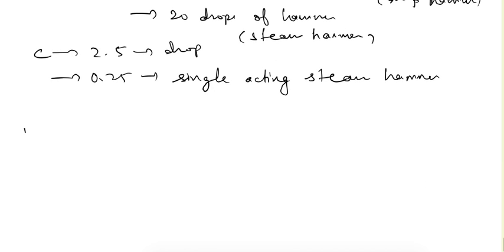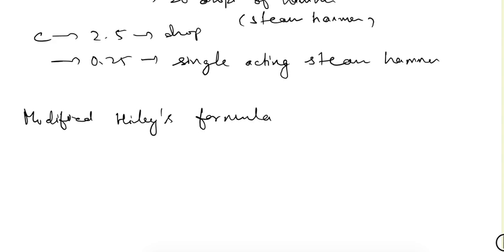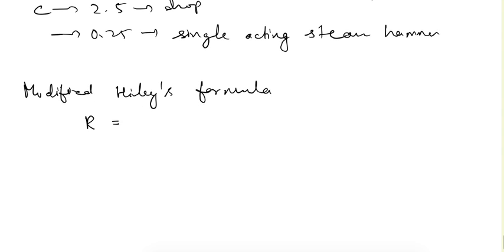After that, one more formula is there, that is modified Hiley's formula. According to this, the pile load capacity R, or the pile load resistance, is given as WH eta divided by S plus C by 2.